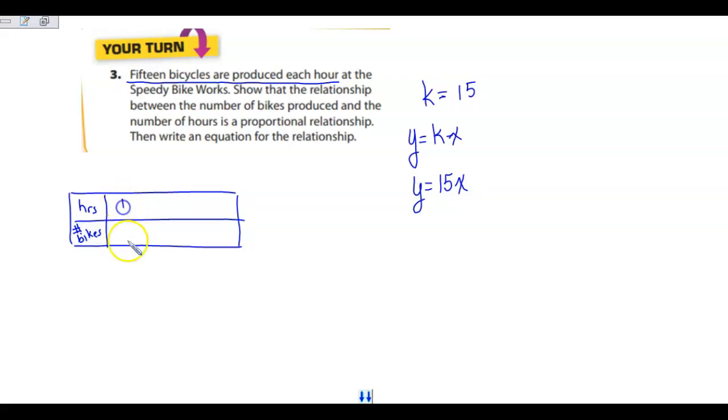And we know that in 1 hour, they can make 15 bicycles. In 2 hours, it would be 30. In 4, it would be 60 bicycles. In 10 hours, it would be 150 bicycles. Okay? And then we could find our constant by taking my y over my x.